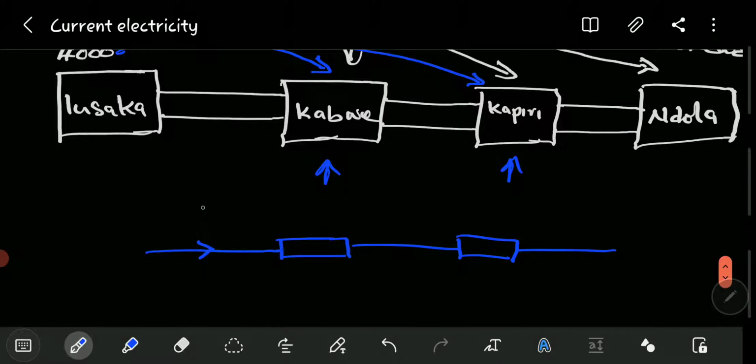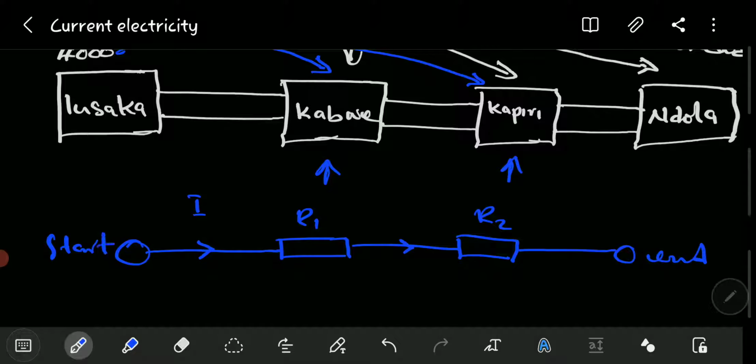So electric current coming from Lusaka, which is the starting point, the same amount of current will pass through resistor 1, the same amount will pass through resistor 2, and up to the end. So current is the same, just as the number of trucks.